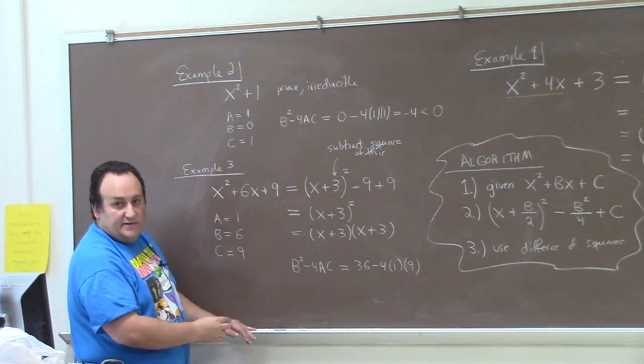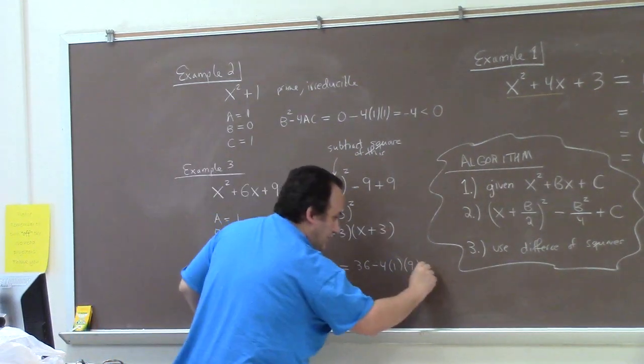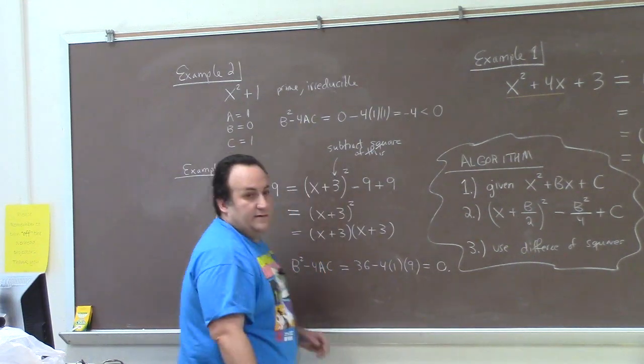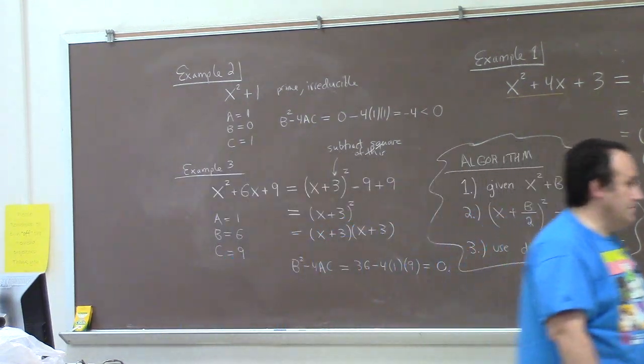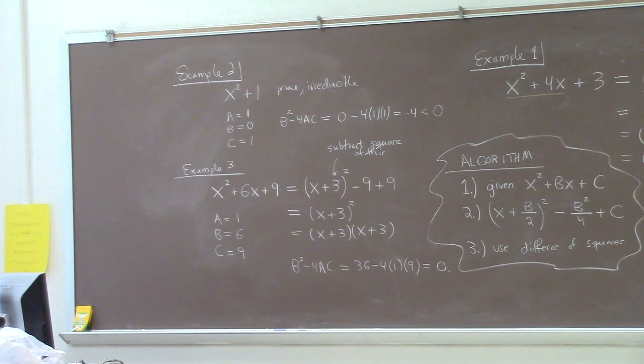That's 36 minus 36. That's 0. 6 squared is 36. 4 times 9 is 36. They cancel.